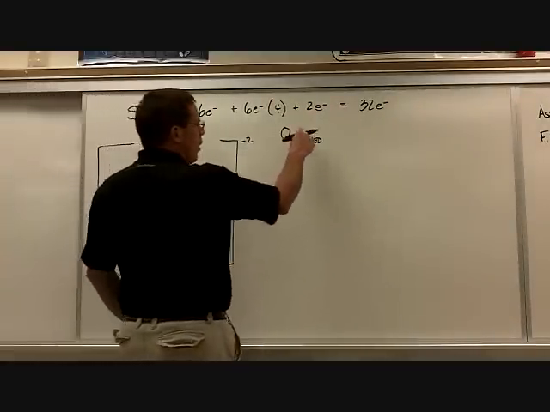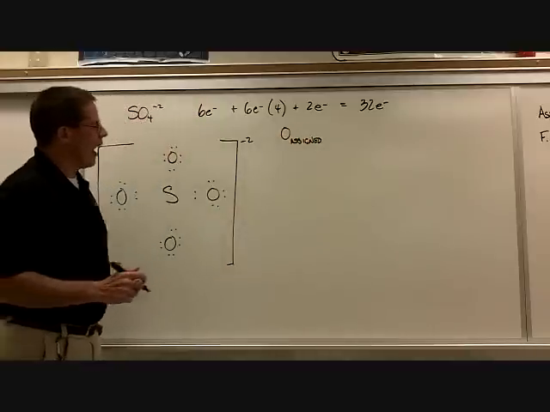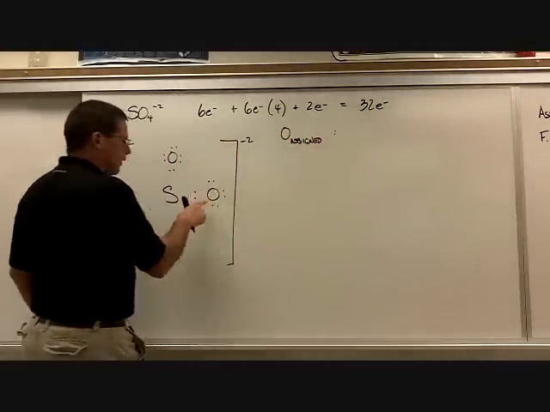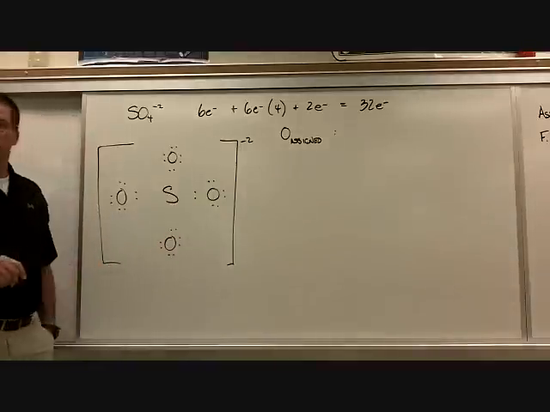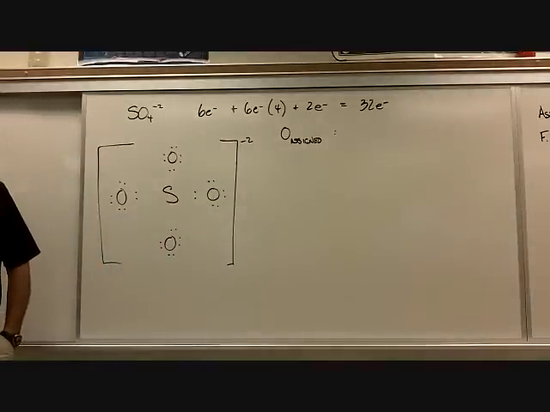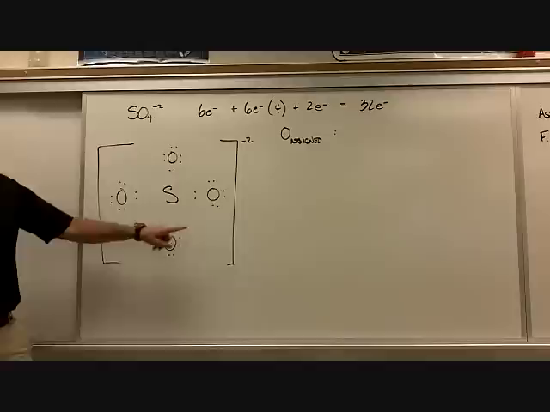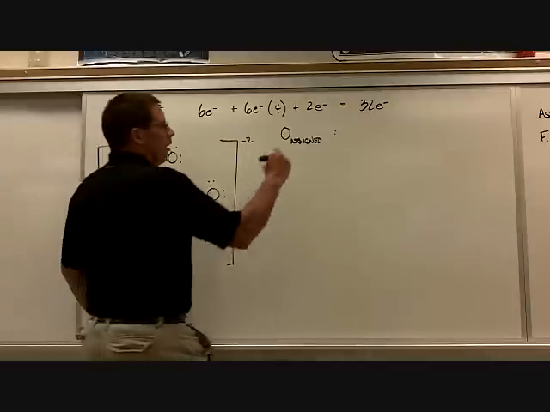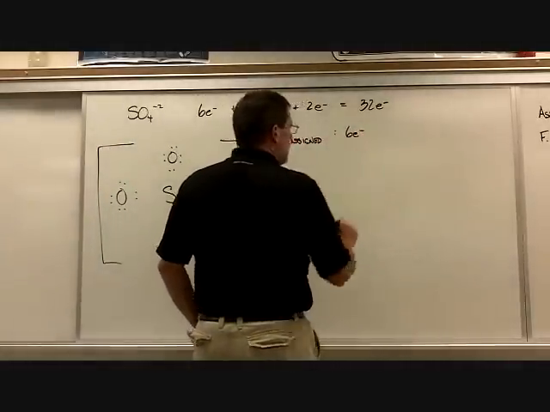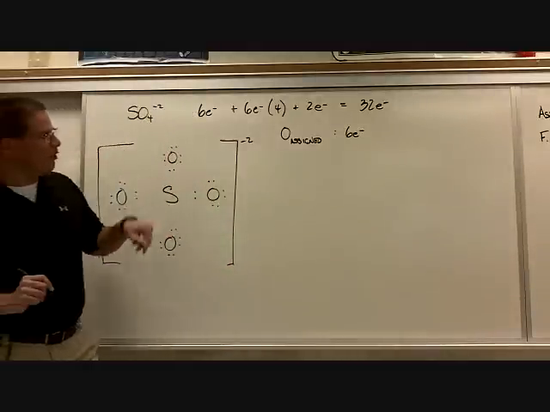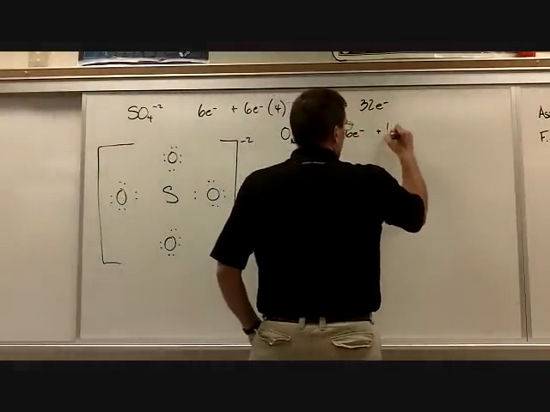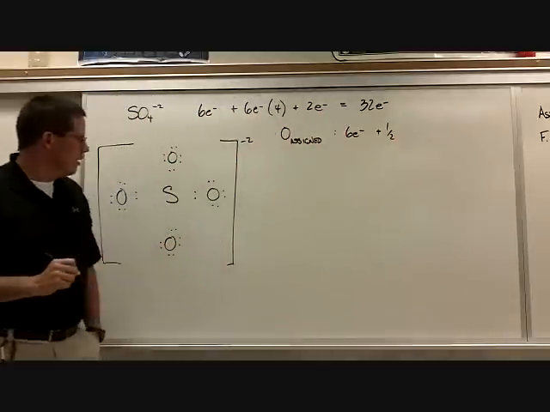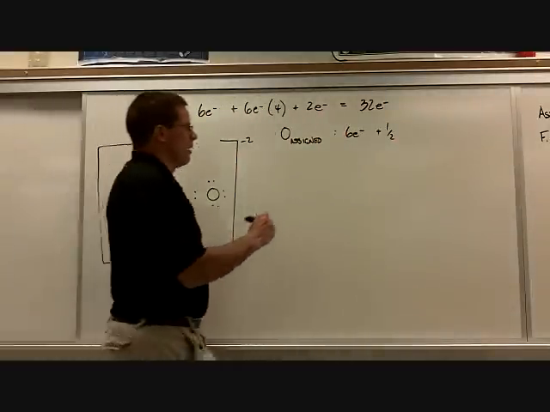So going over the assigned, how many lone electrons are on this single bonded oxygen? How many not shared electrons are on that oxygen? 6. Yeah, so we have 2 there, 2 there, and 2 there. So we have 6 electrons that are not being shared, plus 1/2 of how many that are being shared? 2.